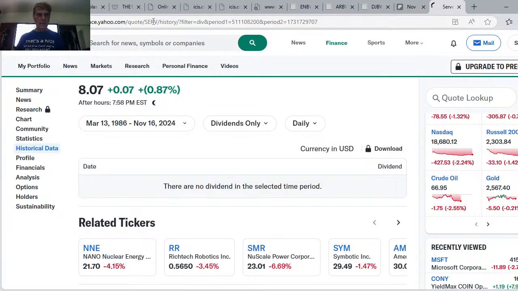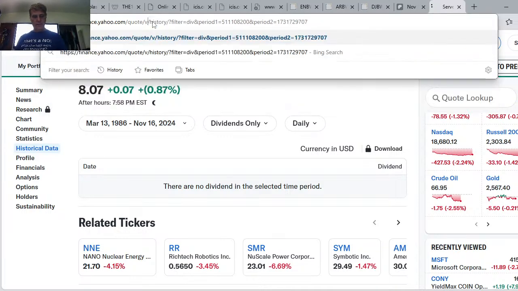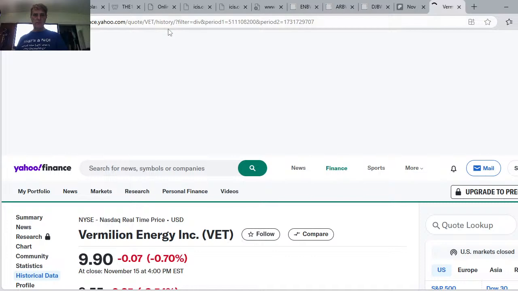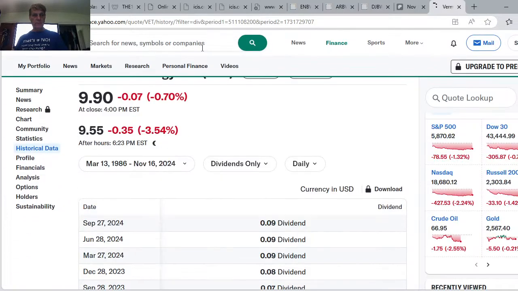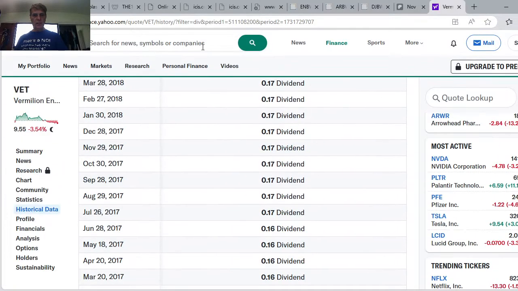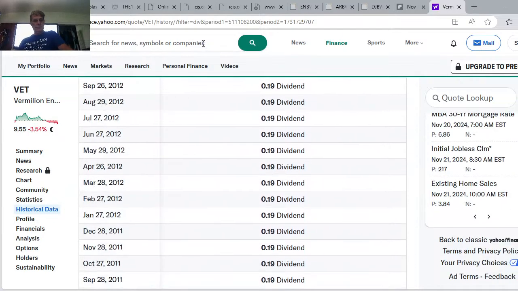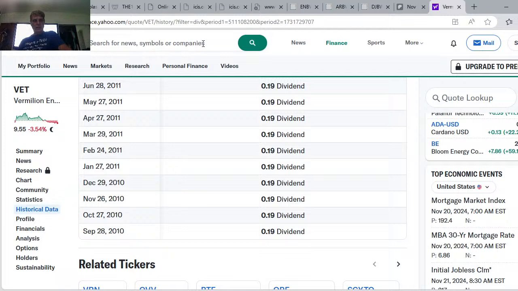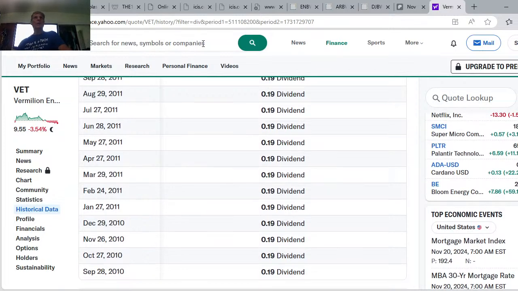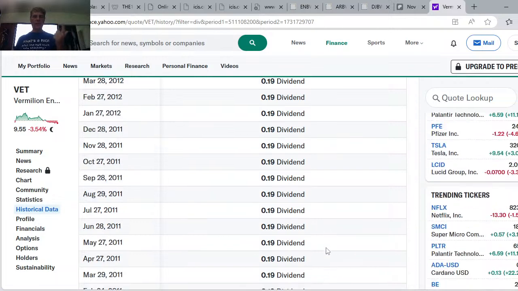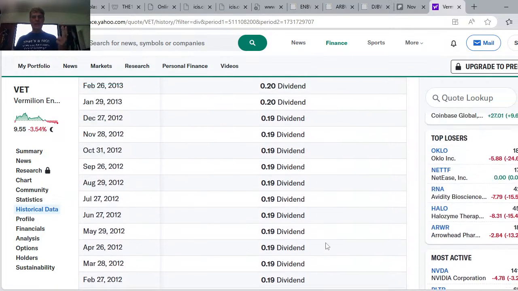V-E-T. Vermilion Energy. Oh, look at that. Interesting. Okay, so 2010 to now, that's 14 years. They pay every month. In 2010, 19 cents. 2011, 19 cents. 2012, 19 cents. 2013, 20 cents.